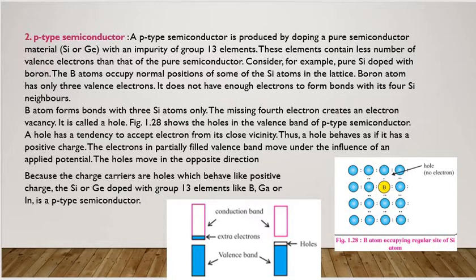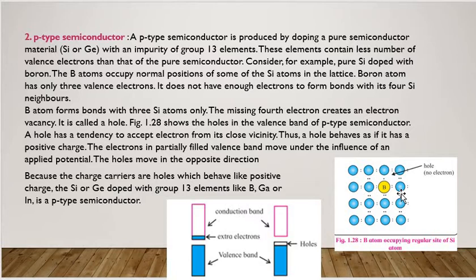Boron is an element belonging to group 13, and it is a dopant, and it is doped with pure silicon, which is a semiconductor. Now, the boron atom occupies the normal position of some of the silicon atoms in the lattice, which you are seeing in this diagram also. Boron atom has only 3 valence electrons, so it does not have enough electrons to form bonds with 4 silicon neighbors.